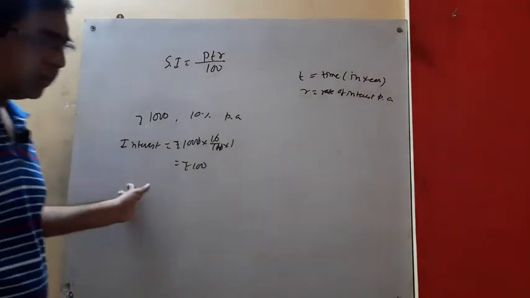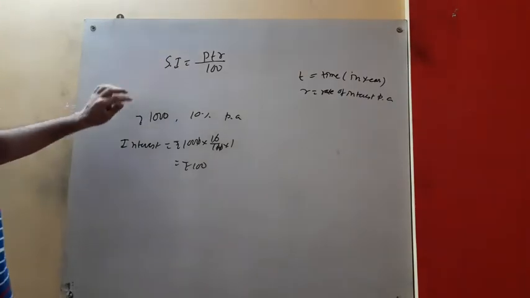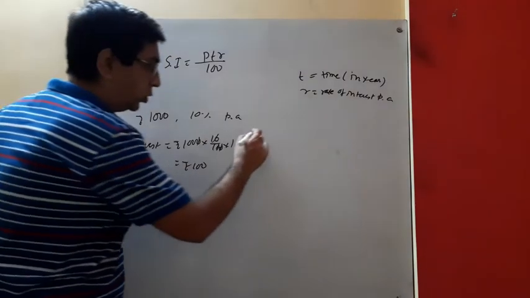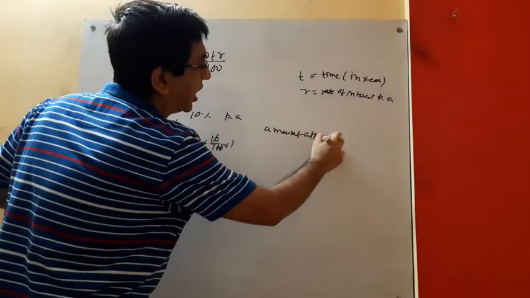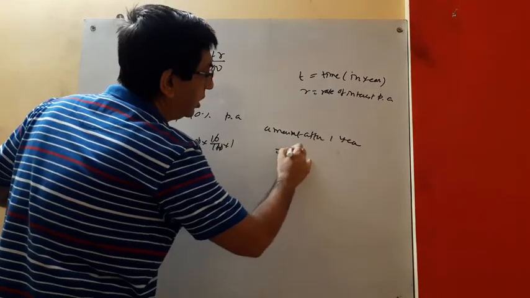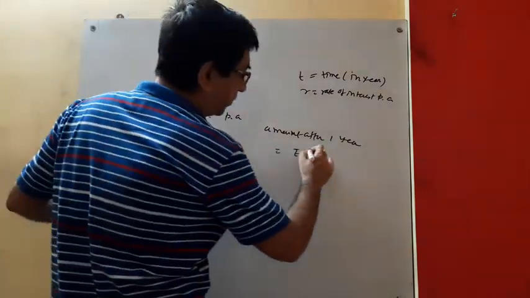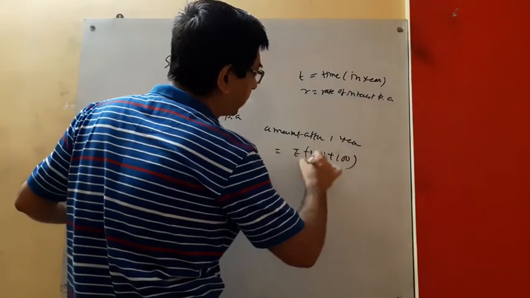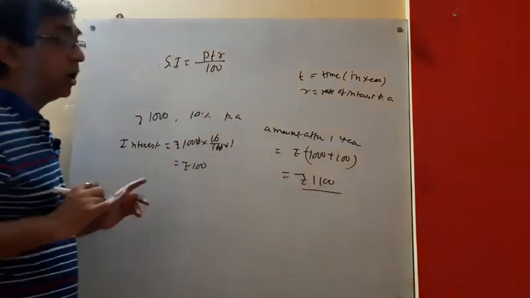Whether it is simple or compound interest, obviously it is the same here because the money is fixed and it is for 1 year. So the amount after 1 year will be the principal ₹1000 plus interest ₹100, therefore ₹1100.